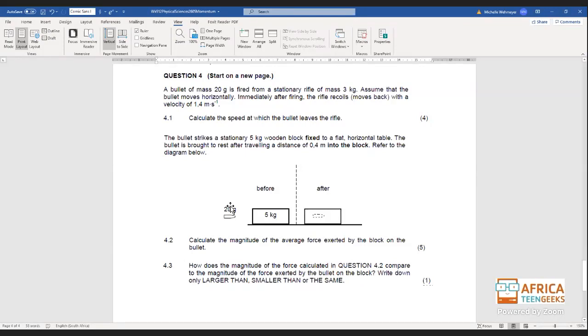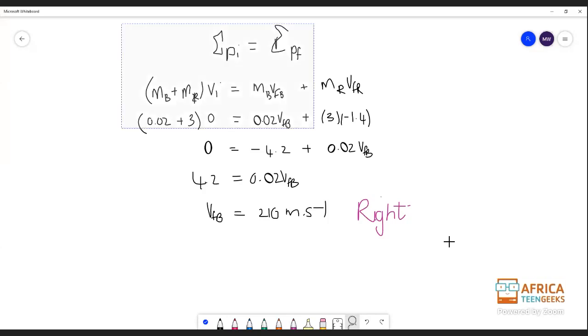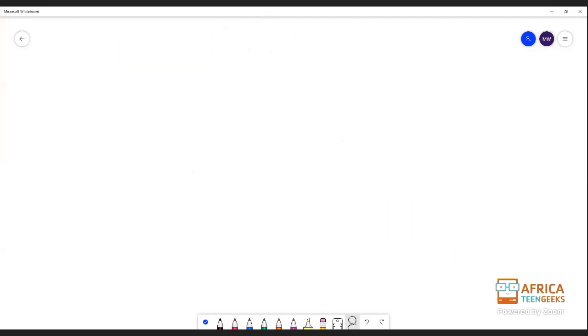So first, what we're going to have to go and find out is what is the time it takes for this bullet to get to where it is over there. And then from there on, we can actually calculate the force. So, because they give us the distance, we are going to use the formula we did previously.